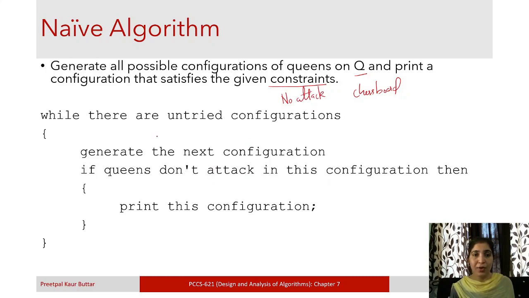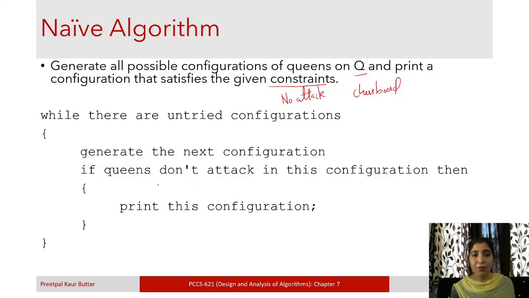So if you look at this naive algorithm, it is saying that it will continue trying configurations. So while there are untried configurations left, it will generate a configuration and it will check whether in that configuration the queens attack each other or not.